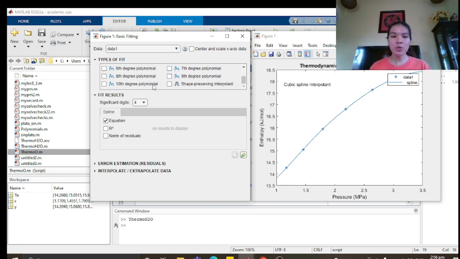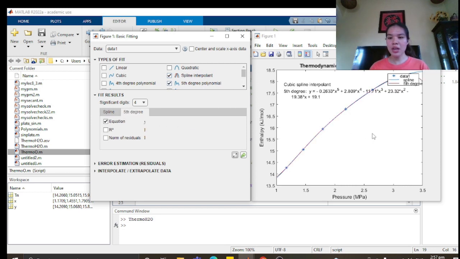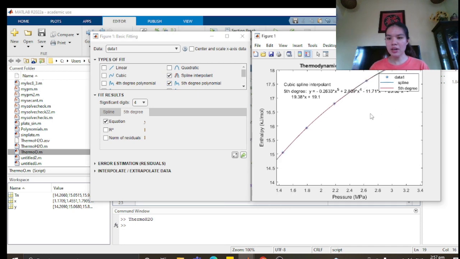So we're going to choose which degree of polynomial we're going to use for the polynomial interpolant. Since we have six given data points, we have six unknowns, so the degree is the fifth degree. So clicking the fifth degree, we have this.